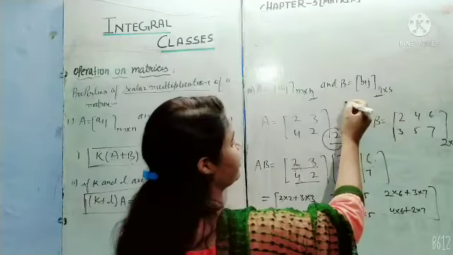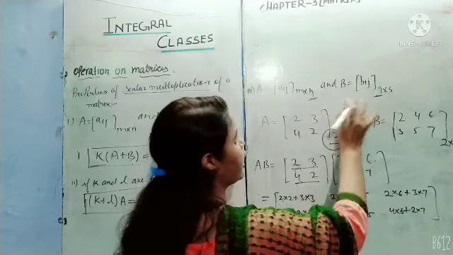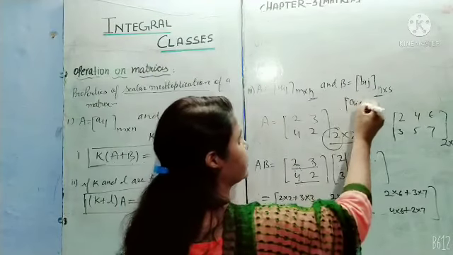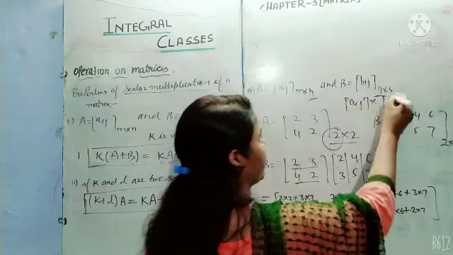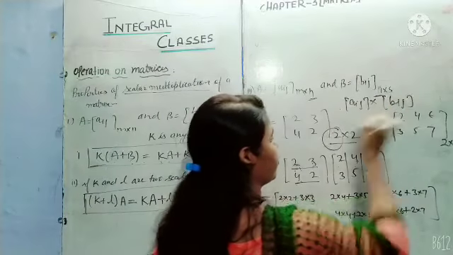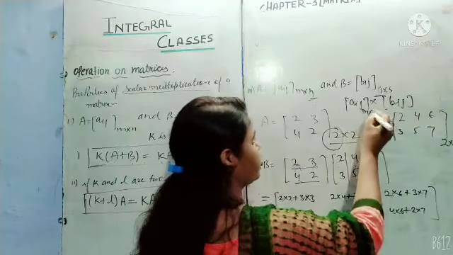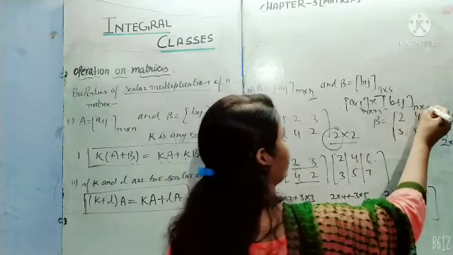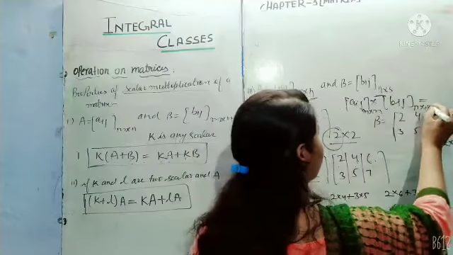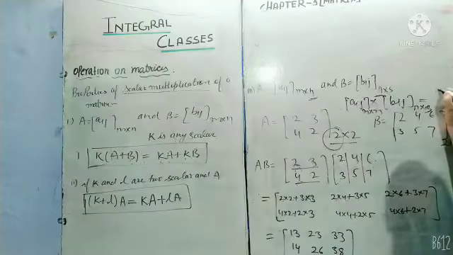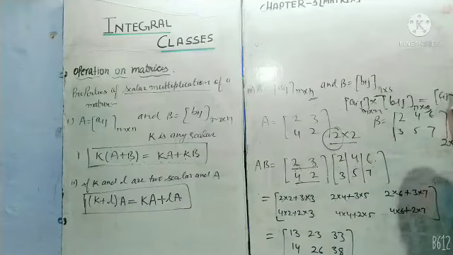So for Aij multiplied by Bij, where A is M into N and B is N into S, we get a matrix C of order M cross S.